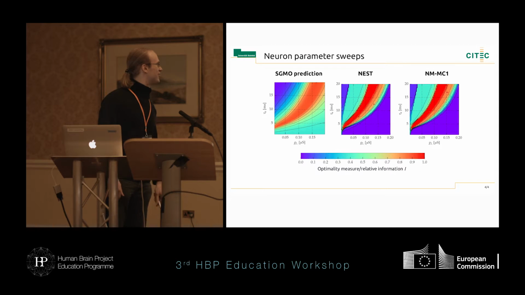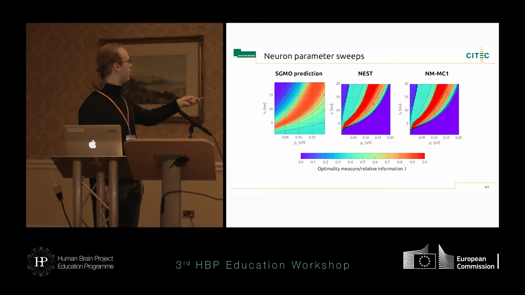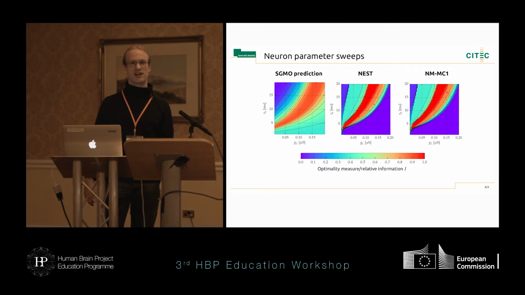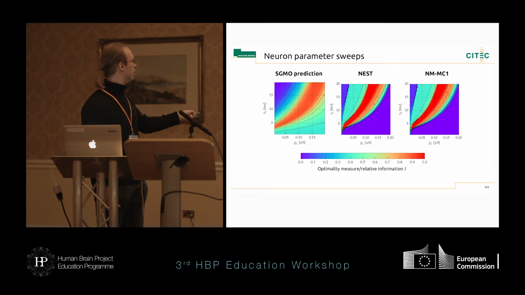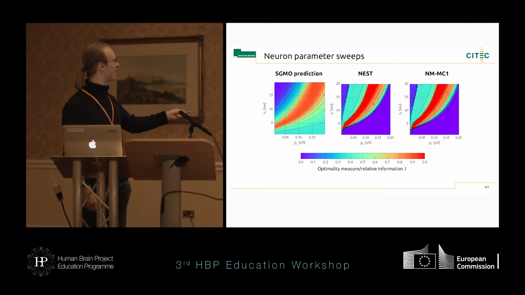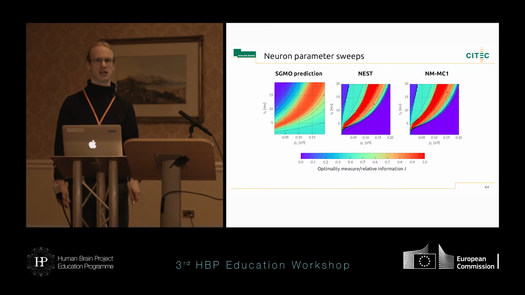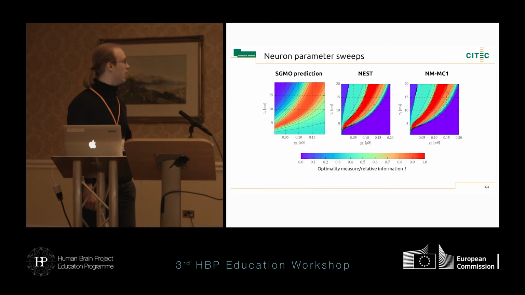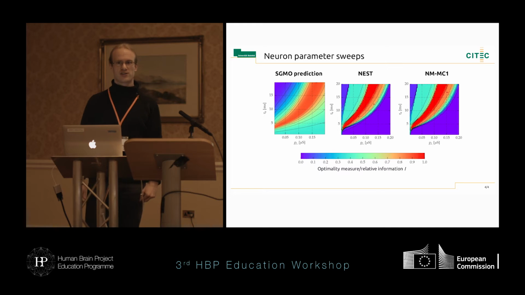So these results look like this. Here you can see the reference result for a two-dimensional neuron parameter sweep. And here we have the result from the NMMC1 system. As you can see, there is very little difference between these two platforms. And on the left, you can see a very fast prediction measure.